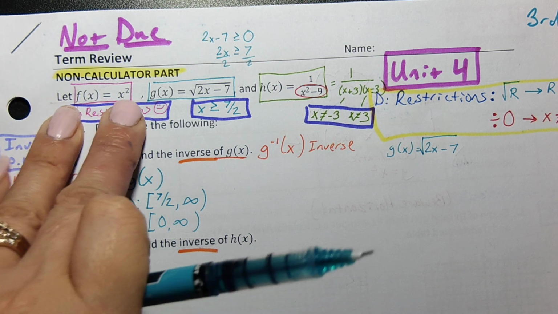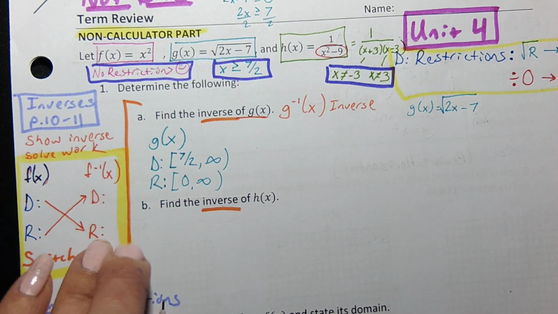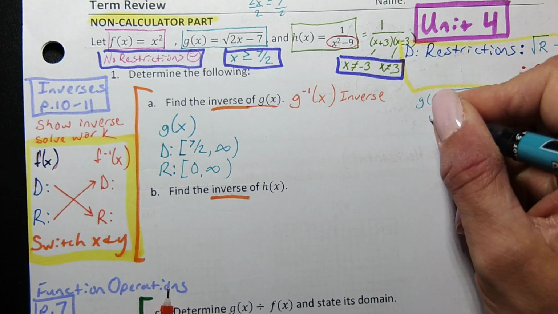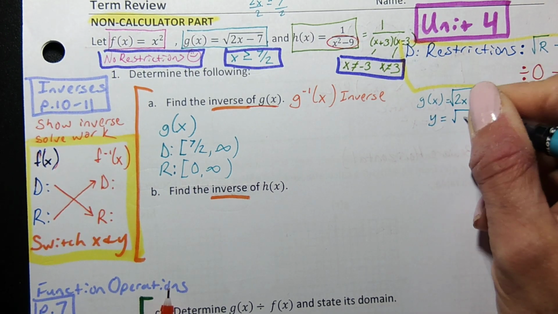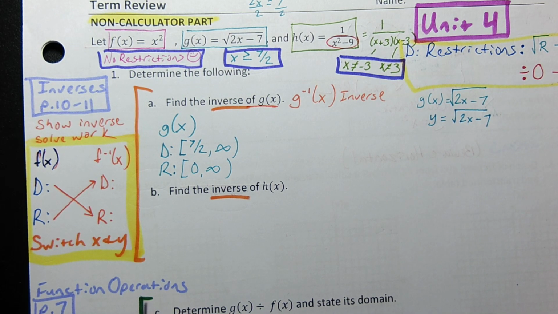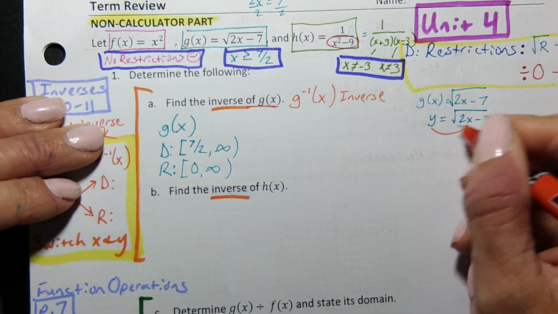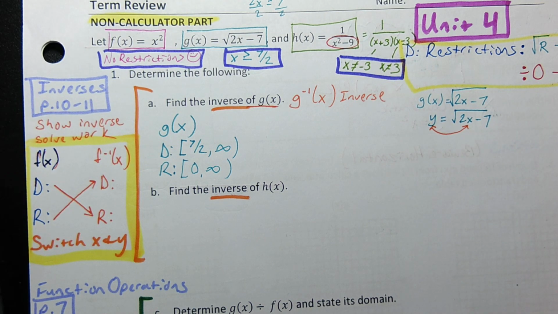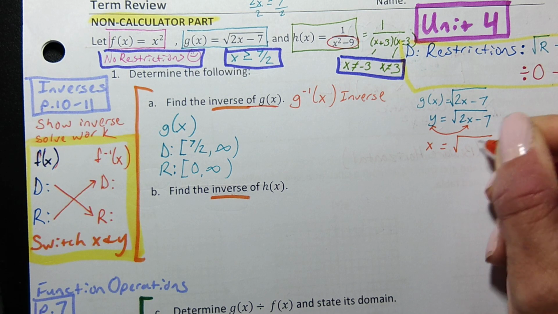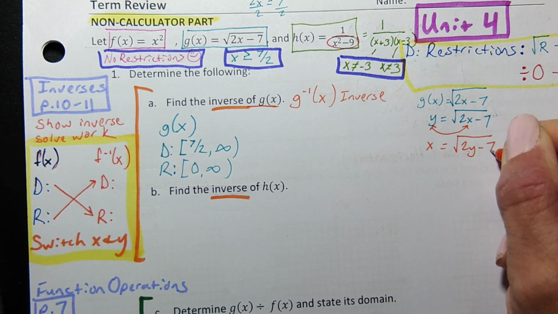We want to switch x and y, but currently there isn't a y. Well, g of x is the same as y, so let's go ahead and replace that. And now we can switch x and y. Everything else stays locked in. So x equals square root of 2y minus 7.